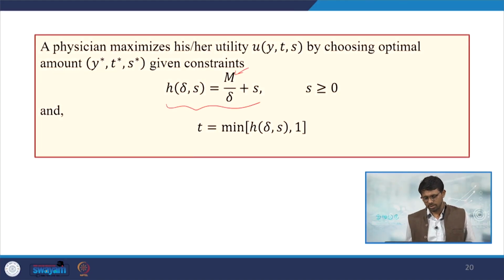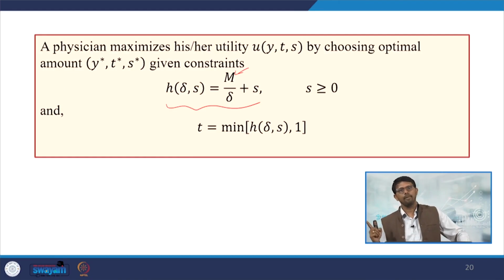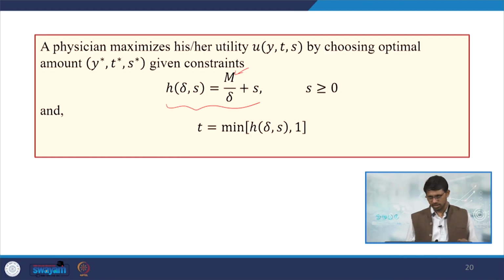The maximum is a fraction of T used as 1, and the minimum is H as a function of delta and S.